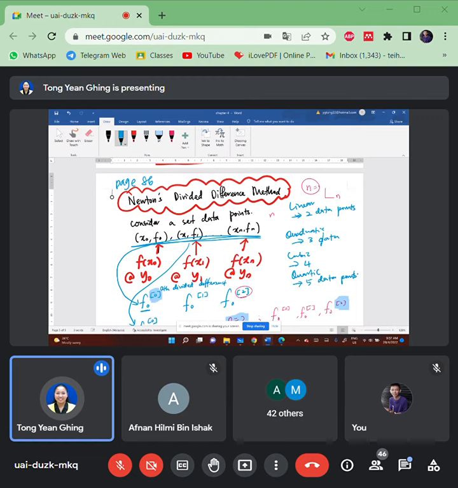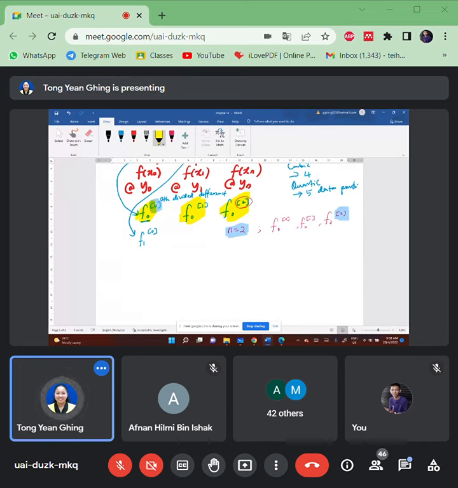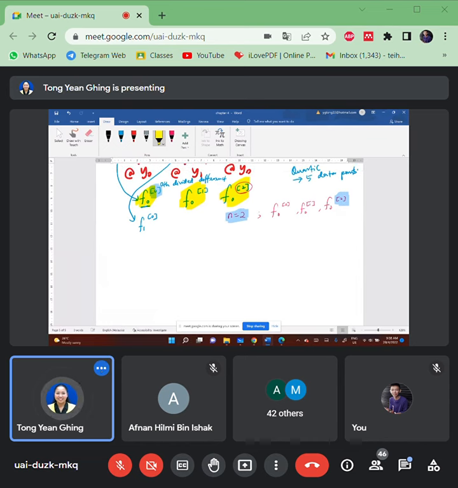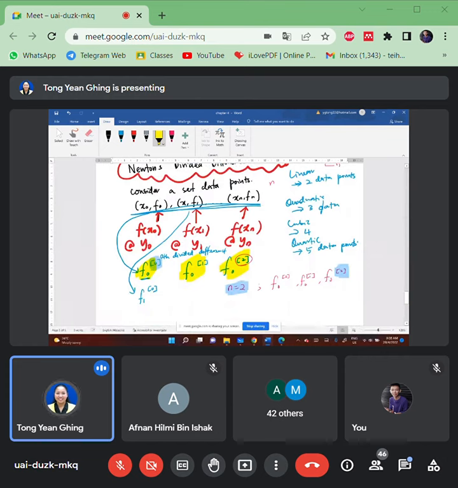By using the Newton divided difference method, a polynomial of degree n is generated. This is the degree n that I mentioned earlier, the degree of the divided difference. They write the formula like this, and I write the formula here.